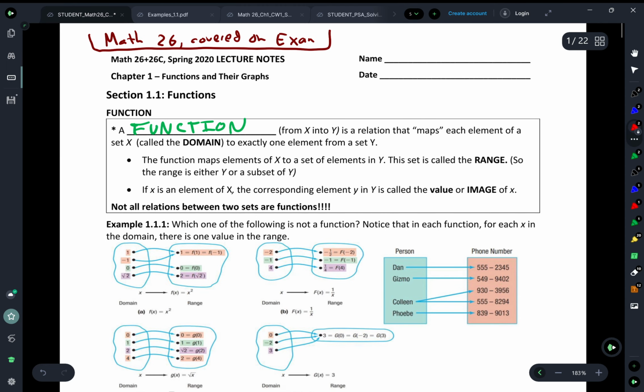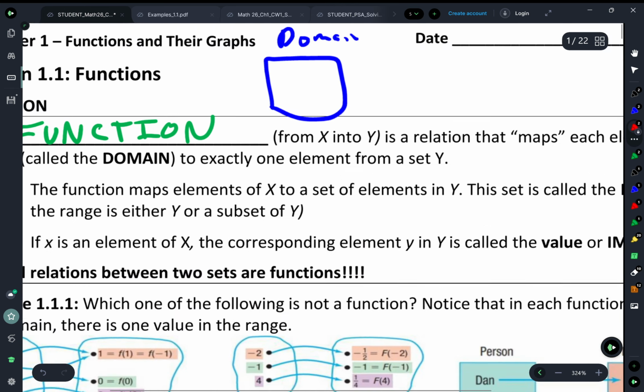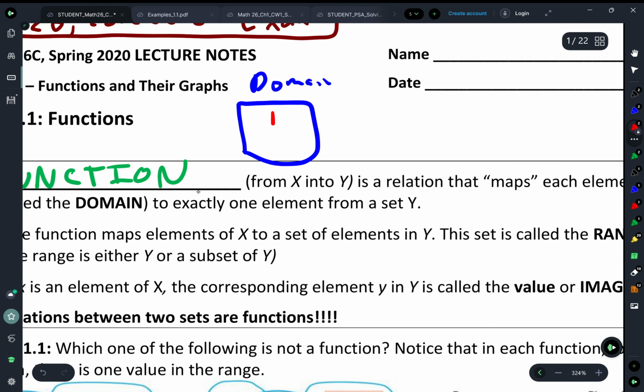Now what happens in a function is you'll have some values in the domain. For example, you might have the number 1, you might be able to plug in the number 2, the number 3, and each of those values gets sent to another value.